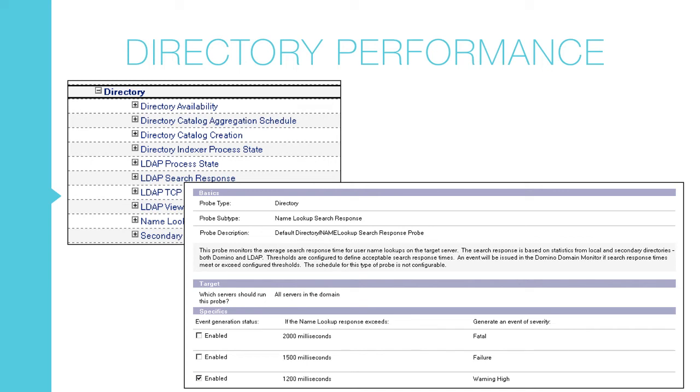So if that's getting slow, if for whatever reason your directory access and lookups are slow, and usually that's something to do with directory assistance, maybe you've got a remote directory configured or an LDAP directory and there's a performance issue, that directly impacts client experience. What the client sees, what the user sees, is they create a new email and they go to type ahead and it takes forever for it to come up with suggestions. So name lookup search response is a really good probe, especially if you have multiple directories.